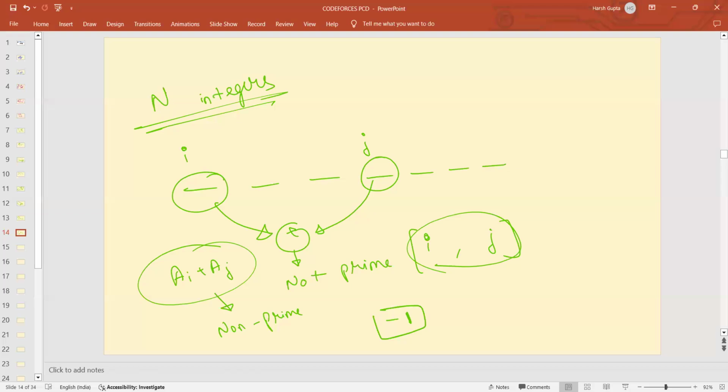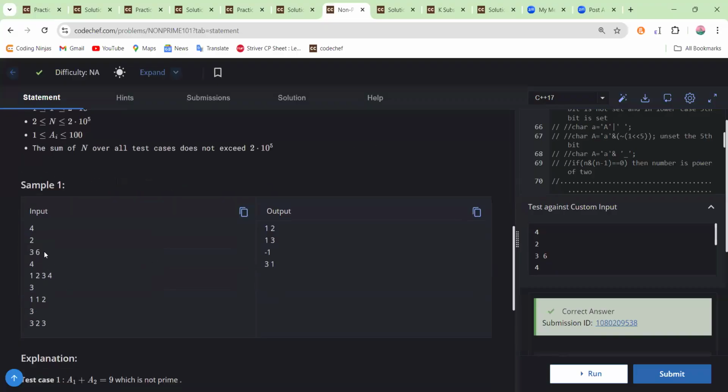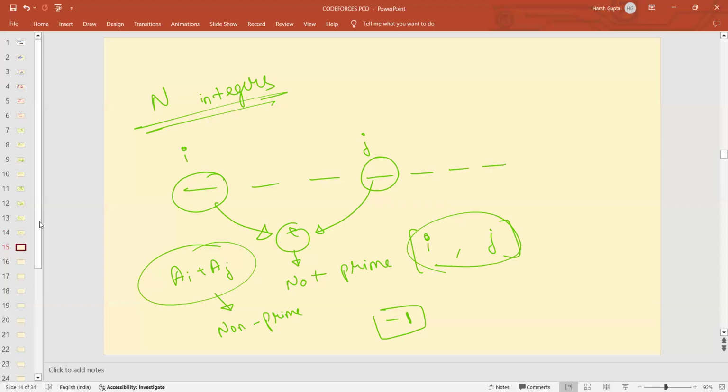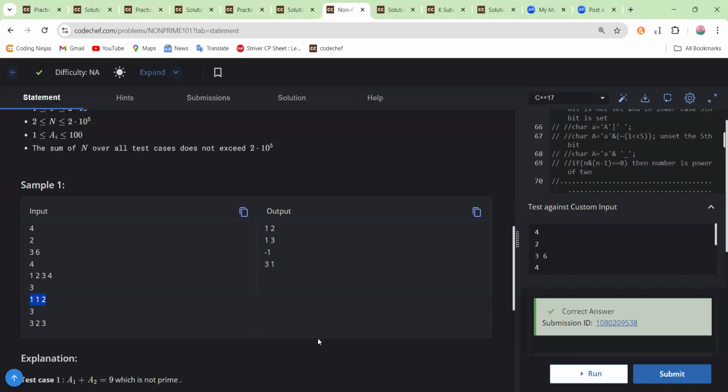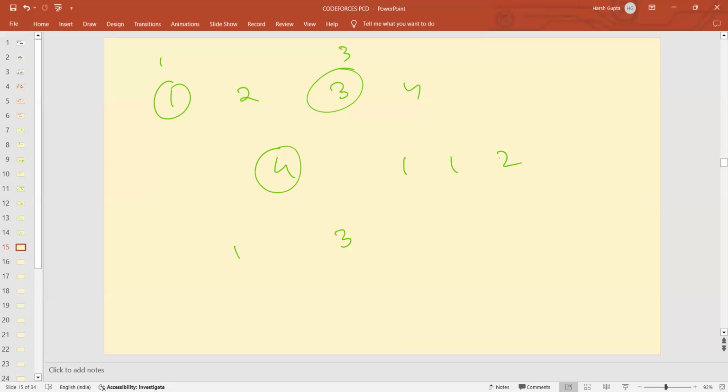Like if I take this example, 1, 2, 3, 4. Over here I can always add these two numbers and their sum will be 4, which is a non-prime number. So I can always output index 1 and index 3. But if I take this particular test case, 1, 1, 2, 1, 1, 2, what are the pairs?